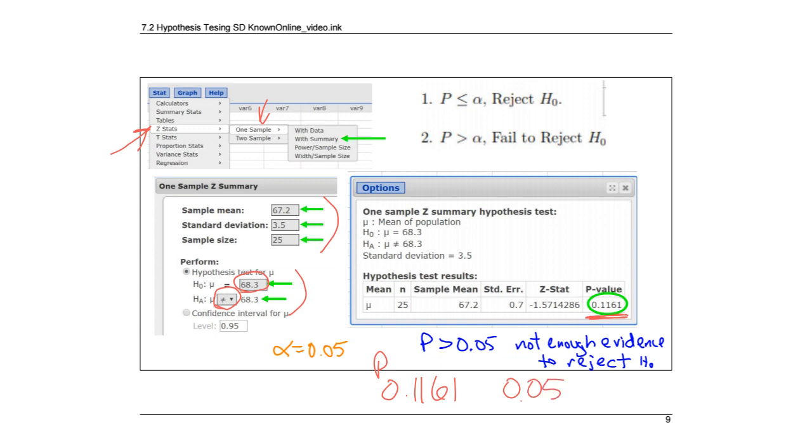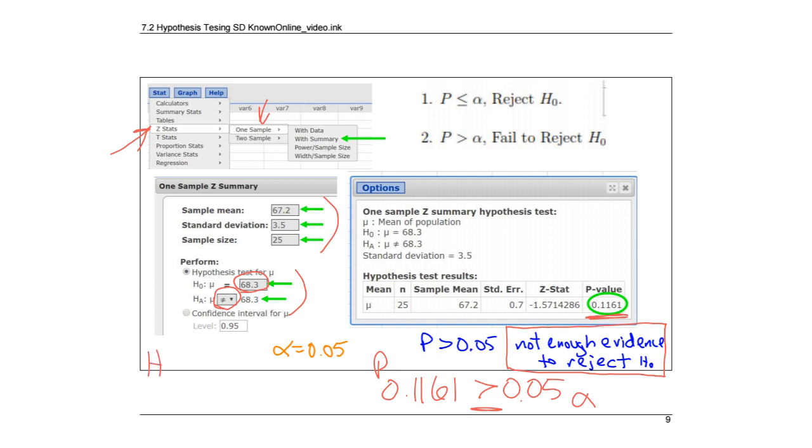And when we compare that to our alpha, it is greater than our alpha of 5%. And so we do have data values that are in the do not reject area. Therefore, since the p is greater than the alpha, there is not enough evidence to reject the null hypothesis.